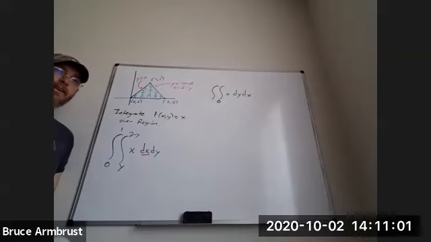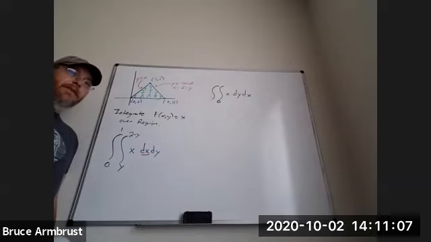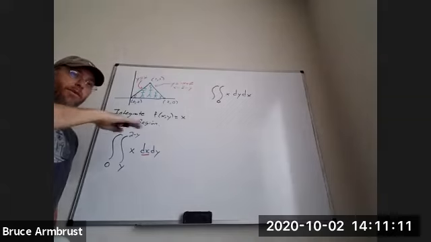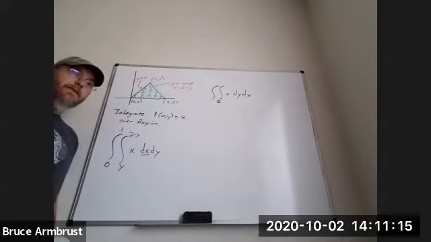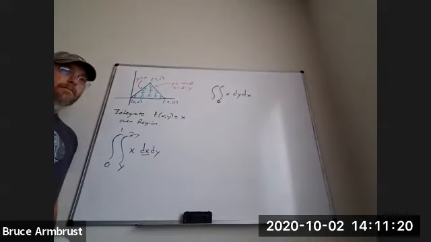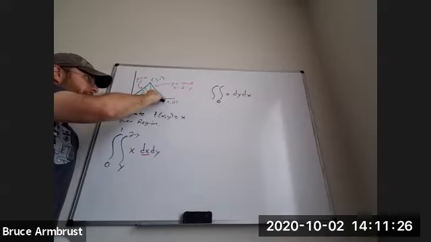Y equals 0. So sometimes those bounds don't have letters in them. And that's when those sides of the region are constant. So either horizontal lines in this case, or vertical lines if we're in the dx first case. Okay, so his feet are at y equals 0 as he's marching along.